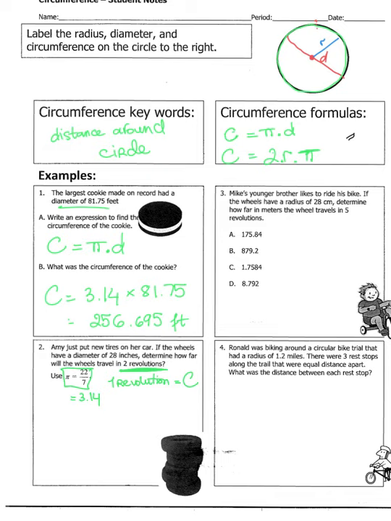So they're giving you the diameter, so we use pi times diameter, and they're telling you to use 22/7 for pi. I do exactly the same. So the diameter is 28. And now you can see 28 over 7 right here is basically 4.